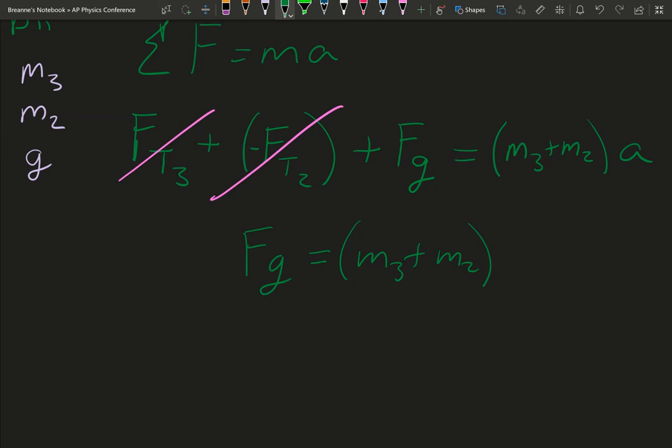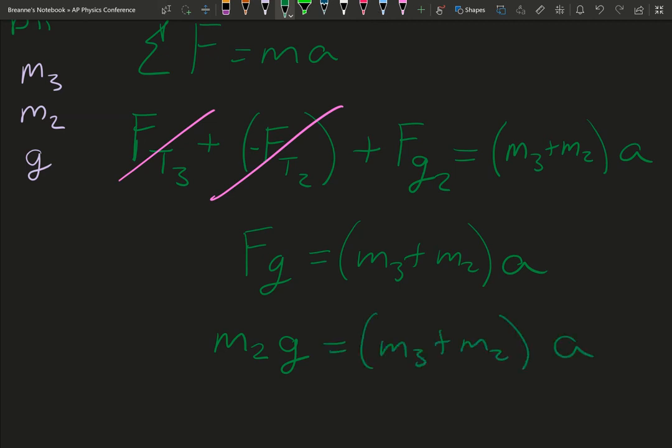Since it's your force of gravity, that acceleration is just your acceleration due to... wait, no, it's not. My brain jumped. We know what our force of gravity is. This force of gravity is with box 2, so that'd be mass 2 times our acceleration due to gravity. There we go, that's what I was trying to say.